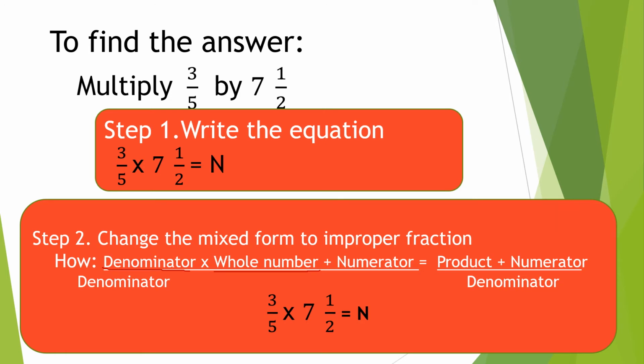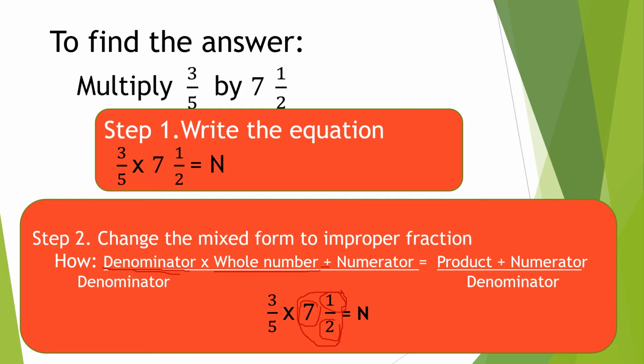Okay, for example, we have 7 and 1/2 here. So we have to change this mixed form to an improper fraction. So again, denominator, that is 2, multiplied by the whole number, that is 7, plus the numerator, which is 1.